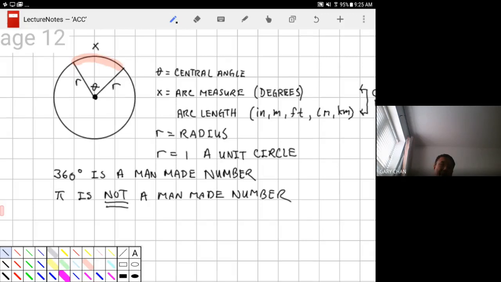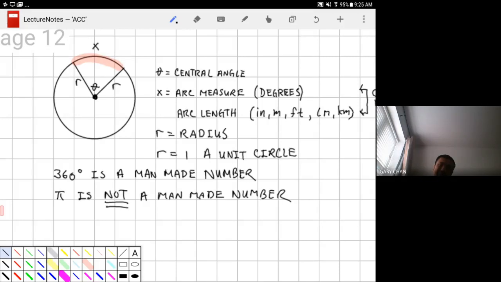That's right. Pi will exist in the natural world in one form or another. That ratio of 3.14, yada yada yada, that irrational number will exist regardless of whether or not we are here.